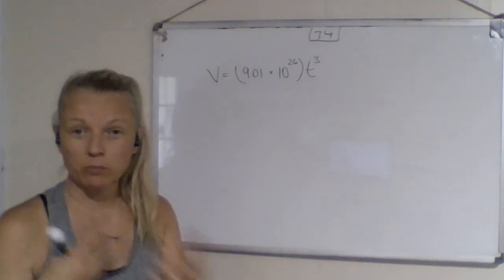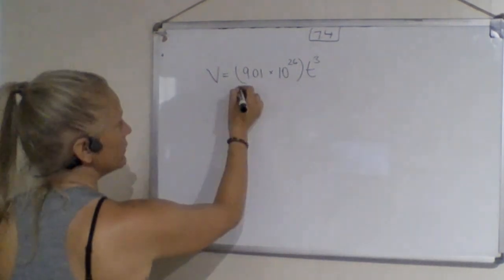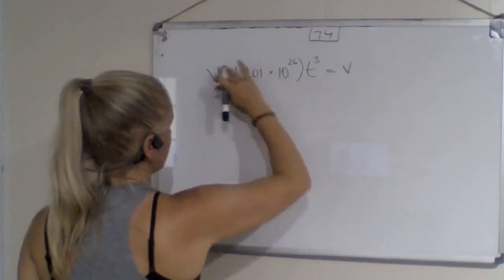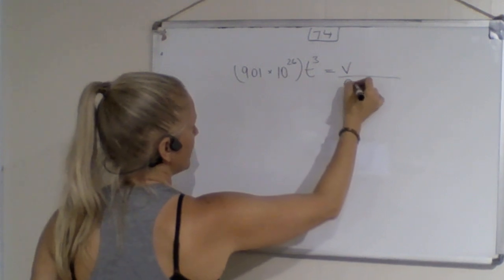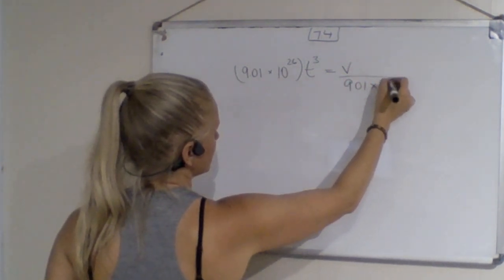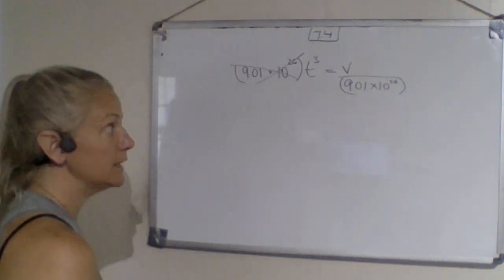They want me to tell them what t is. So I'm going to move my v to the other side because I work this better. I'm going to divide all of this by 9.01 times 10 to the 26, and I got rid of this once I did the division.